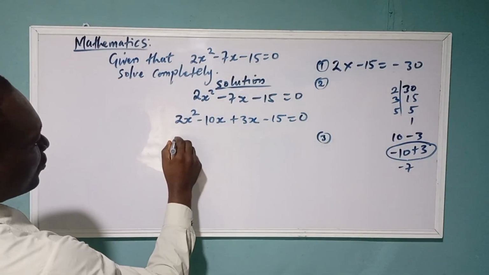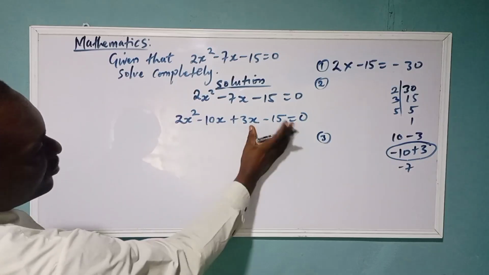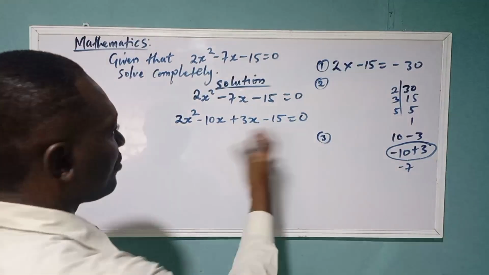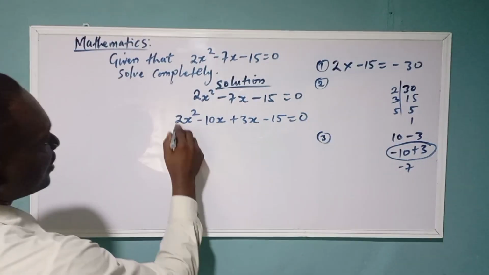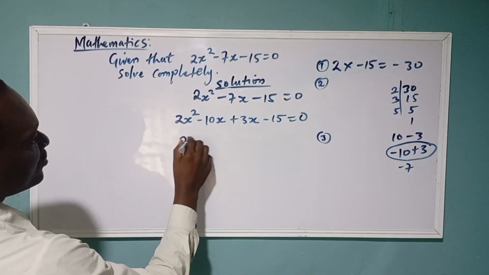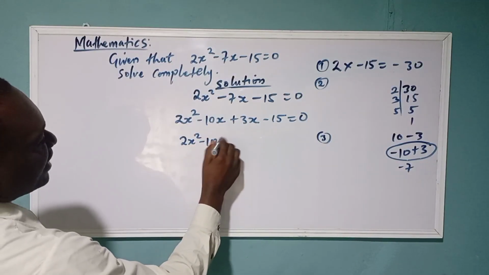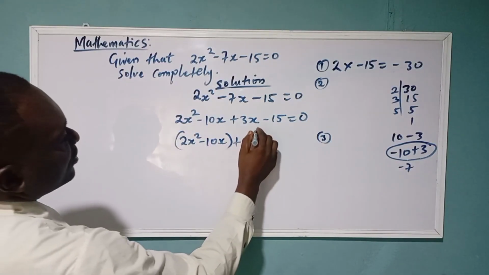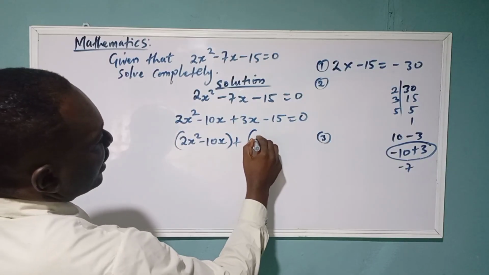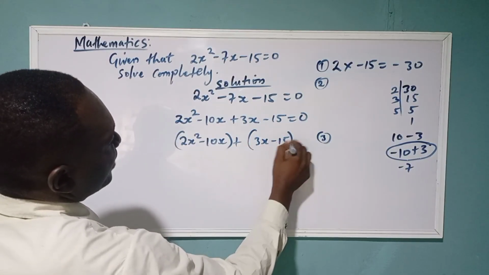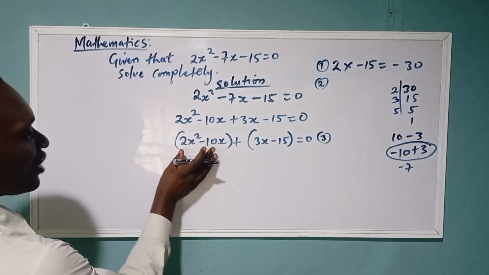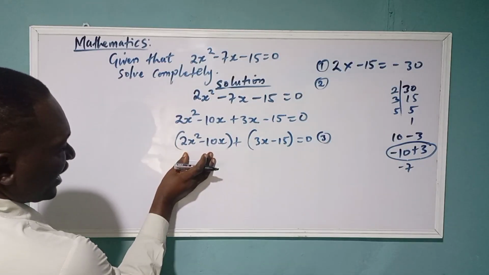So I'll group this portion together and group this portion together. Why? Because they have common factors. They can be factorized. So if I group these together, I have 2x squared minus 10x, then plus the other aspect, I'll have 3x minus 15, equal to 0.